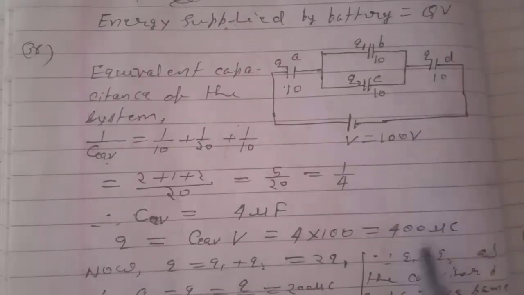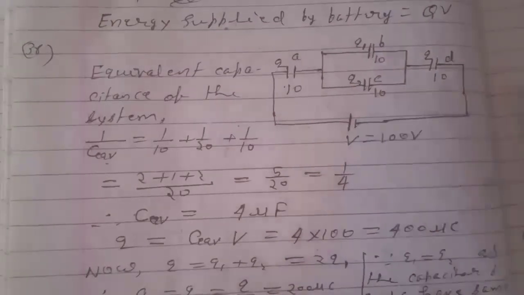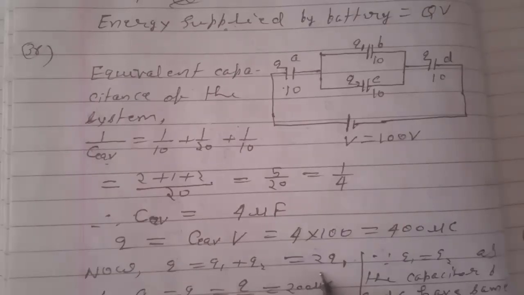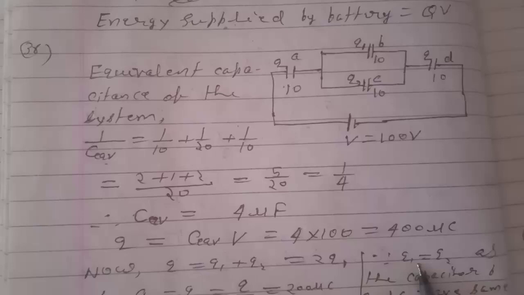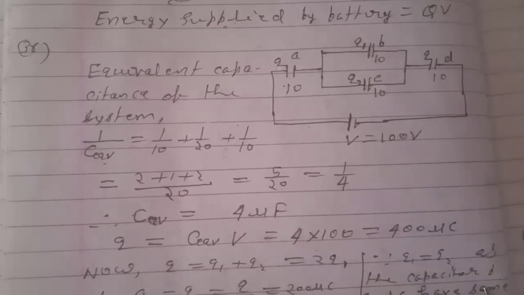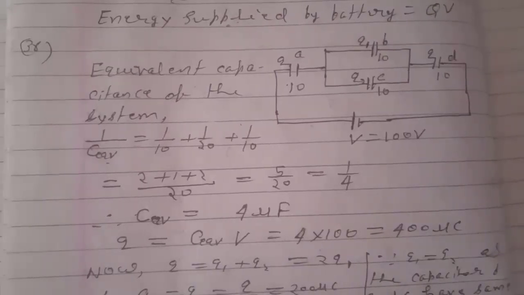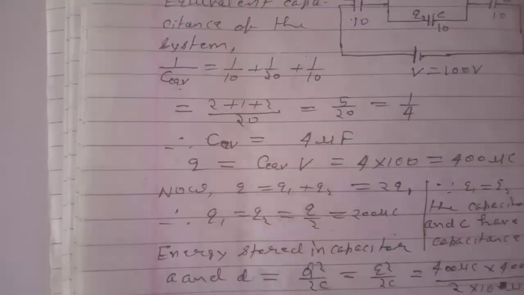Again this charge is divided into 2 parts, Q1 and Q2. Now Q equal to Q1 plus Q2, and as capacitors B and C have the same capacitance, Q1 equal to Q2 equal to Q by 2, which is 200 microcoulomb.